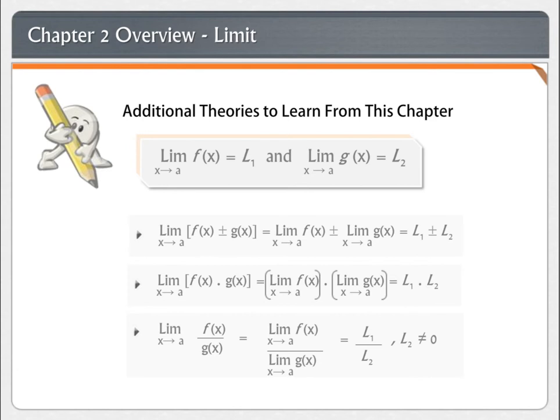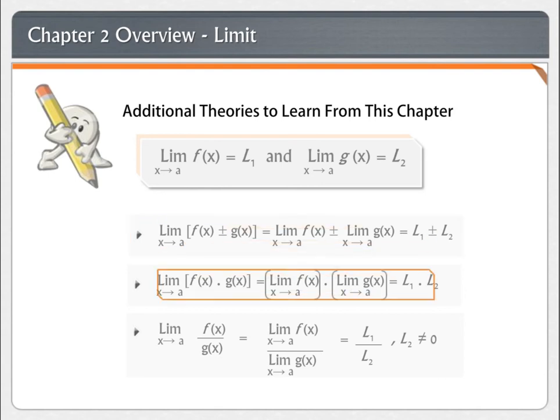One of these theorems is the following. If you know the limit when x approaches A for f of x and the limit when x approaches A for g of x, and both of these limits exist, then the limit when x approaches A for f of x plus or minus g of x is just equivalent to the limit when x approaches A for f of x plus or minus the limit when x approaches A for g of x.